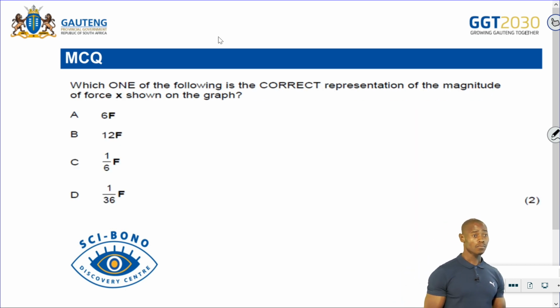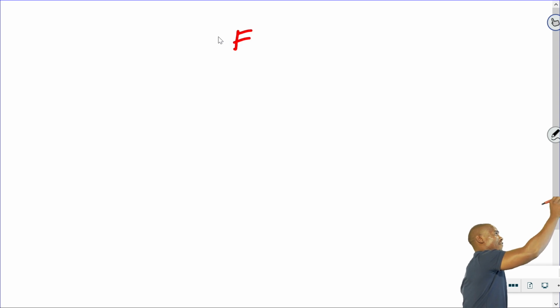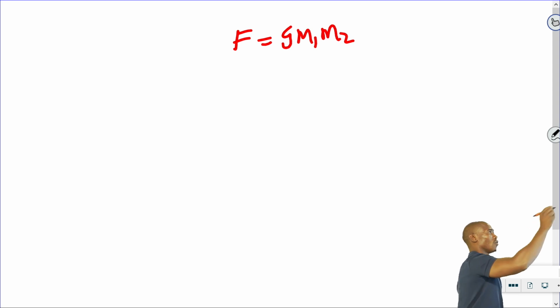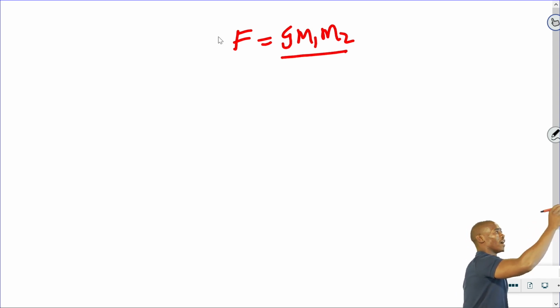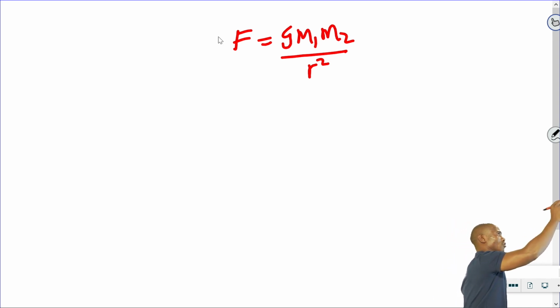So what are we supposed to do? The equation again, F equals G m1 m2 over r squared. Then that is your original F.